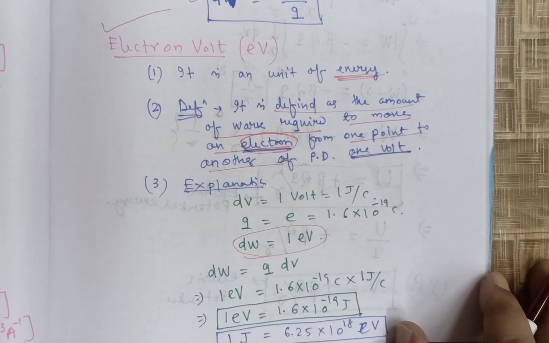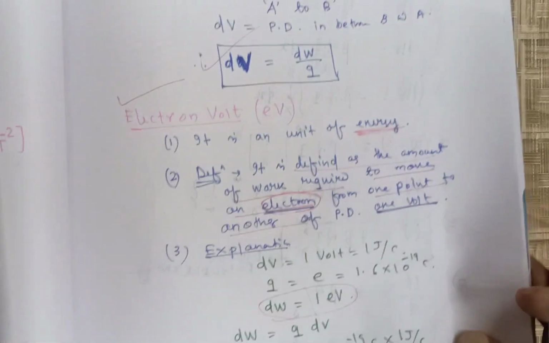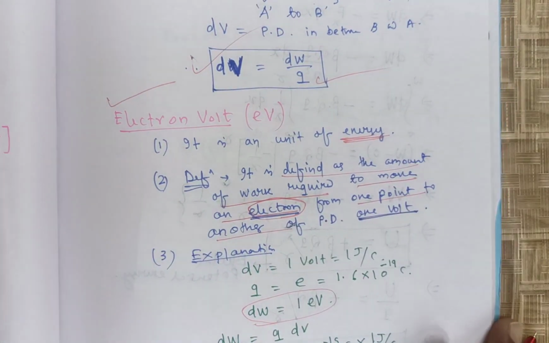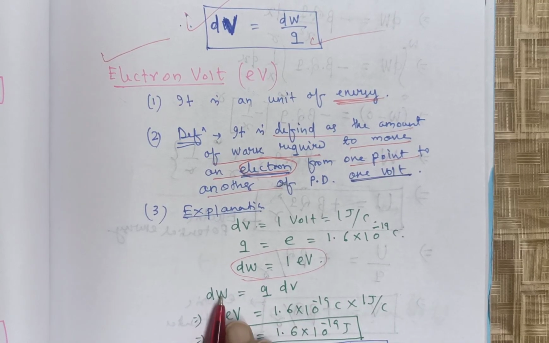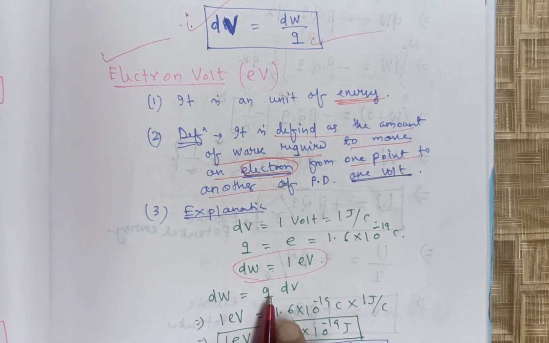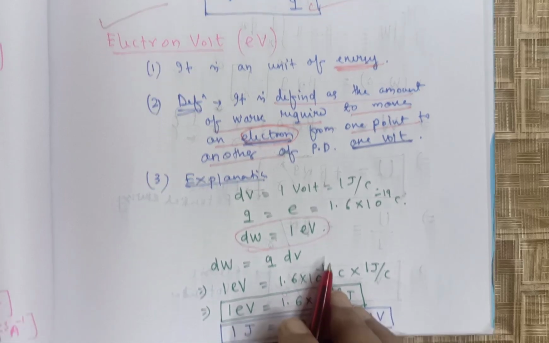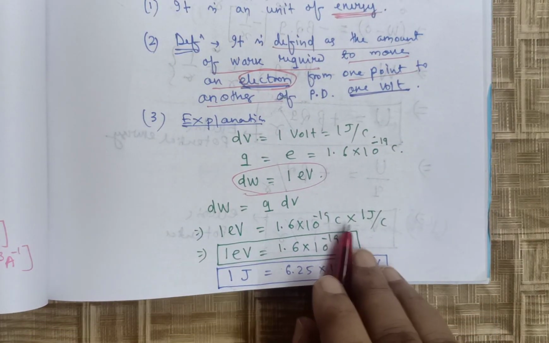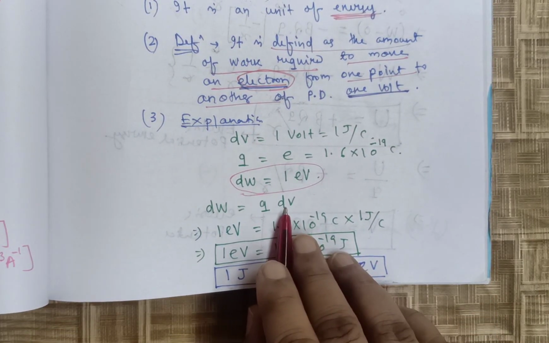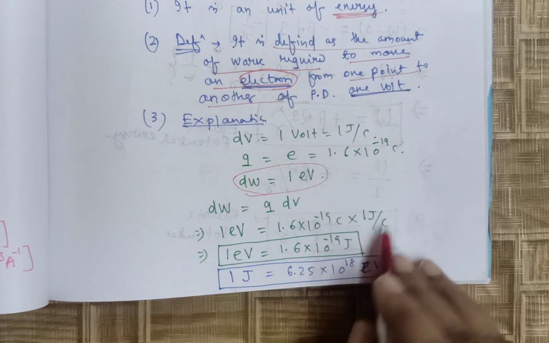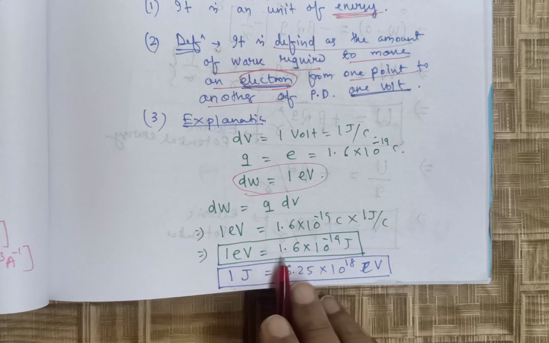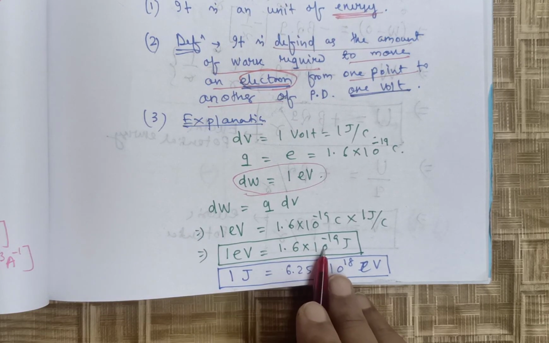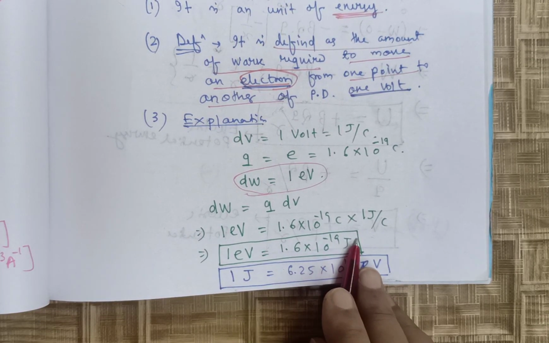So from the formula dV is equal to dW by Q, we have dW is equal to Q dV. Put in dW as 1 electron volt, Q as 1.6 times 10 to the power minus 19 coulomb, and dV as 1 volt, that means 1 joule per coulomb. The coulomb cancels, so 1 electron volt is equal to 1.6 times 10 to the power minus 19 joule.